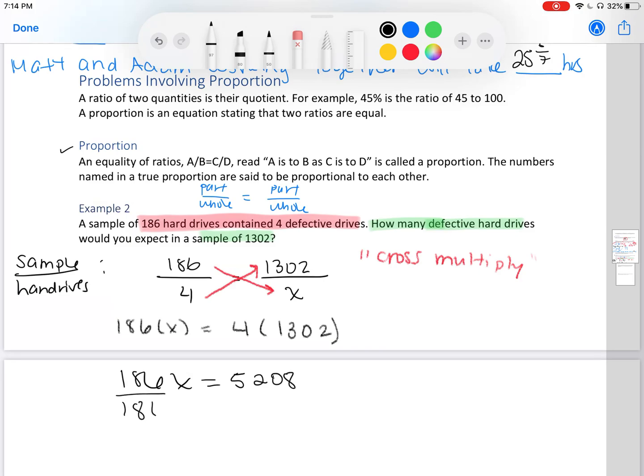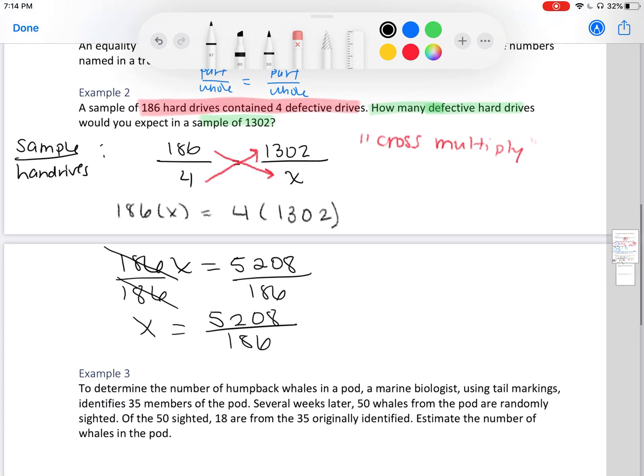Let's divide it by 186 to get x by itself. So x is equal to 5,208 divided by 186. If we punch that into a calculator, we get 28. So we have 28 defective hard drives.